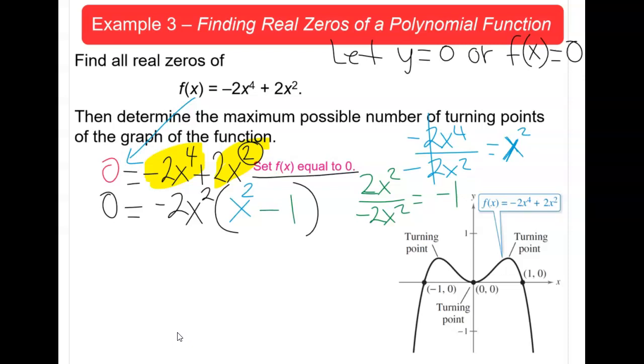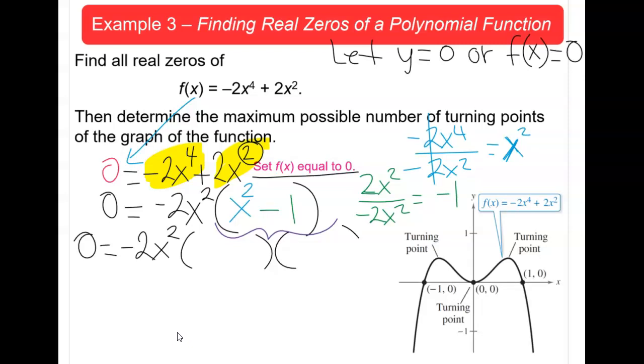Okay, now from here, this part happens to be a difference of squares, because you could take the square root of x squared, you get x, and you can take the square root of 1 and you get 1. So we call those difference of squares. You could Google it if you don't remember how to factor those.